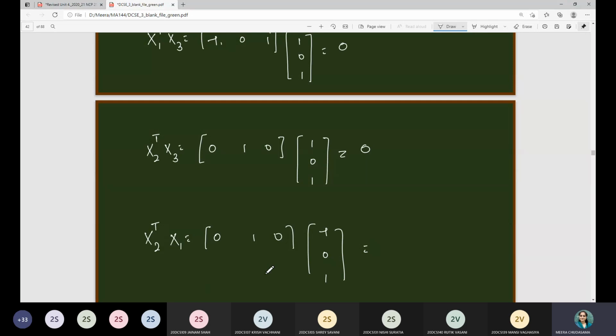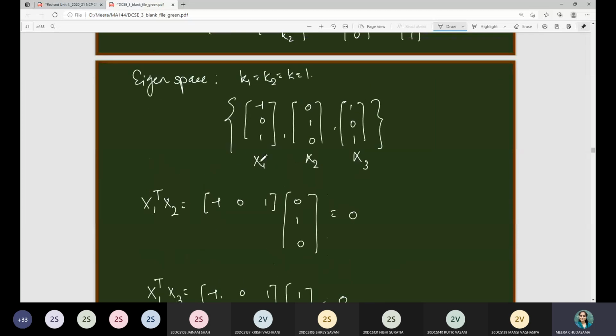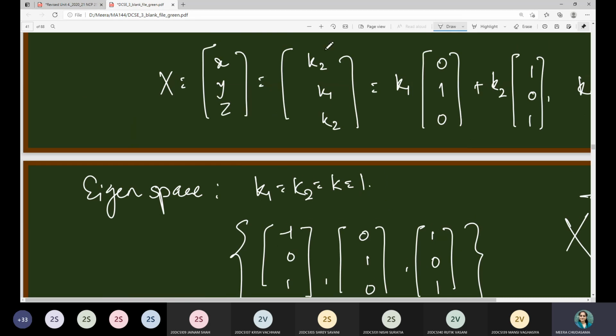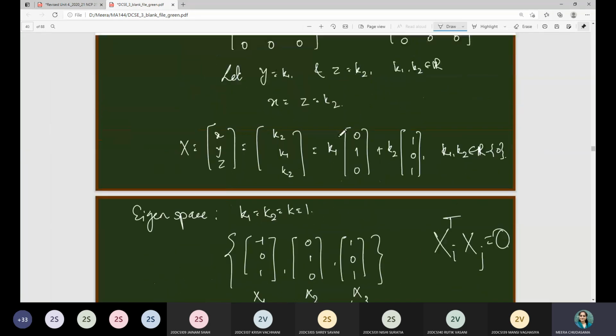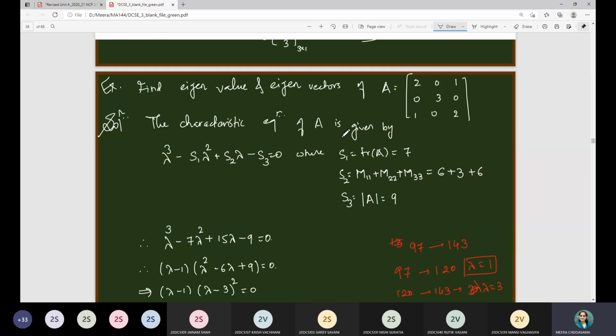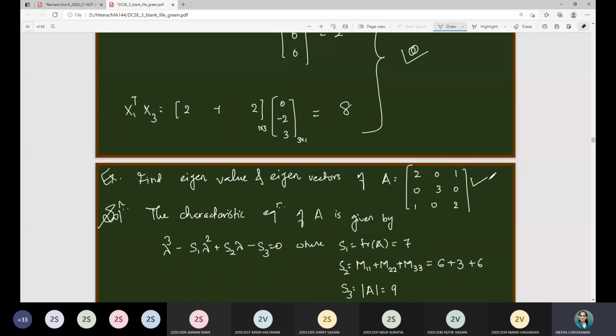What about this one? 0. 0. In general, if you choose any combination of these three eigenvectors, you will always get this product as 0. Why? Because these are the eigenvectors corresponding to the repeated eigenvalues of a symmetric matrix.